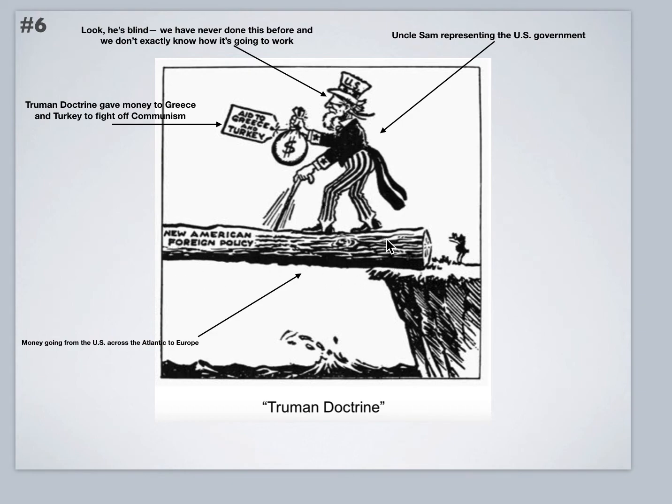Like, I wouldn't want to be this Uncle Sam with a blindfold crossing the ocean on this shaky little tree. And so it seems like the cartoonist is really saying, I think this is a risky move on the part of the United States, that we're taking a chance and hoping that the money that we give to these countries will be effective at fighting off communism.